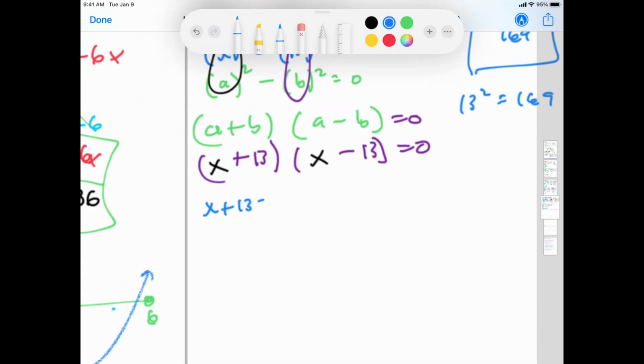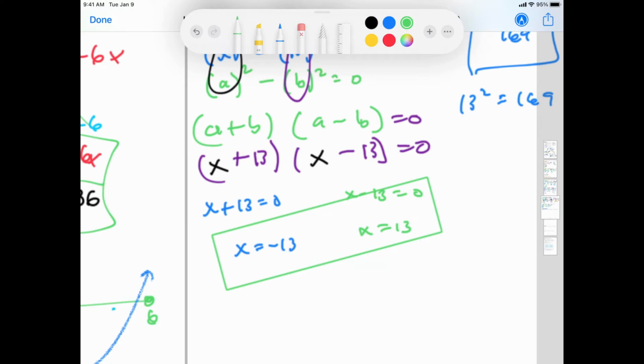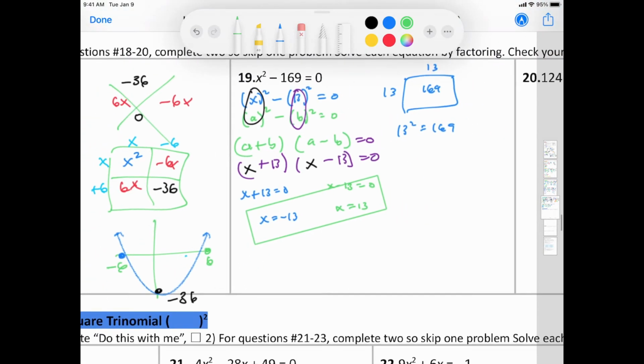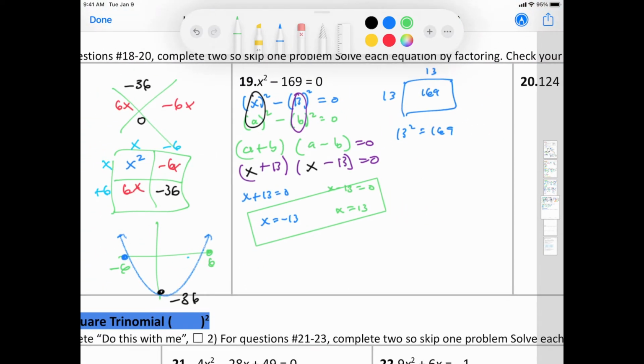Let's set it equal to 0 and solve. And then we've got to check our answer.